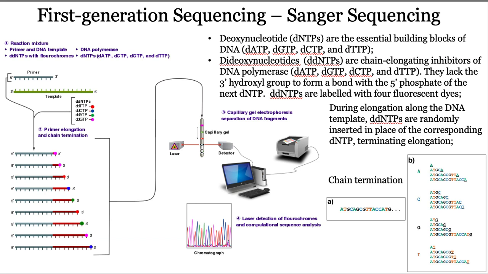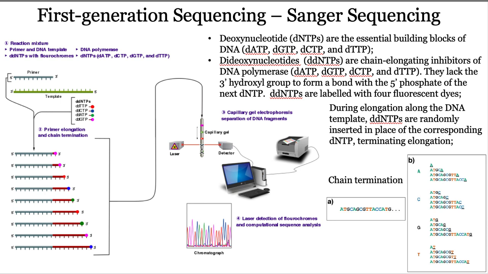In the solution, you need to have dNTP and you need to have ddNTP. The trick here is that you need to control the concentration of ddNTP so that it's at a very low concentration. So the probability of a ddNTP at this position is relatively small. Otherwise, if we have a high concentration of ddNTP, then everything will be ddNTP and it won't elongate.